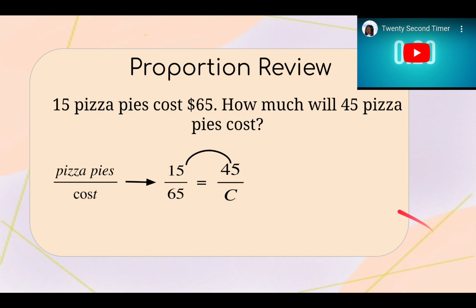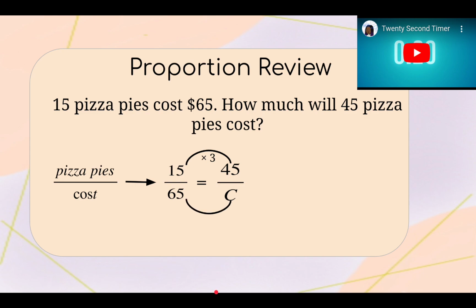Next, since I have both my numerators, I'm going to figure out how to get from 15 to 45. I could just multiply by 3. So 15 times 3 will give me 45. And whatever I do to the numerator, I'm going to also do to the denominator.